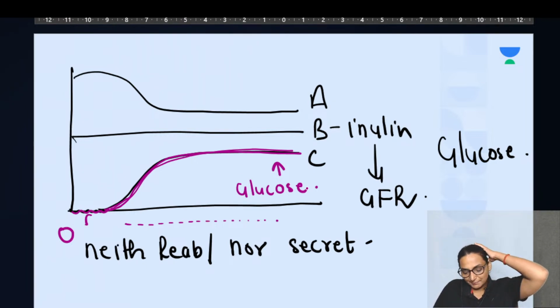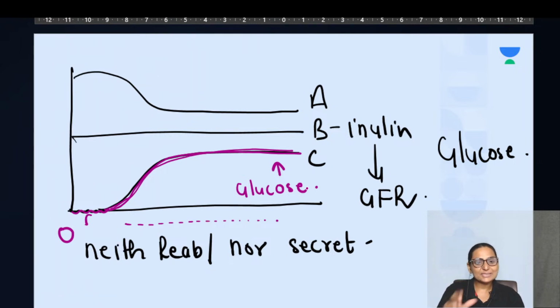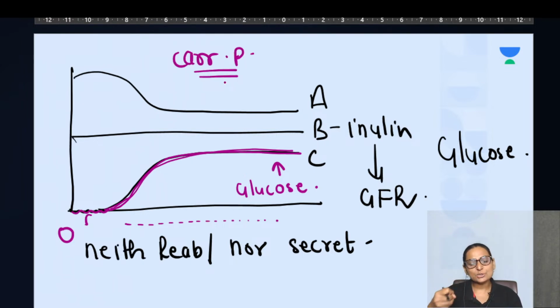Monica and Ayman, Renu, Pakis, Fun Mode, did you get this? That as you keep on increasing the concentration of a substance which is reabsorbed, for example, glucose, there will be deficiency of the carrier protein. Isn't it? So what will happen?